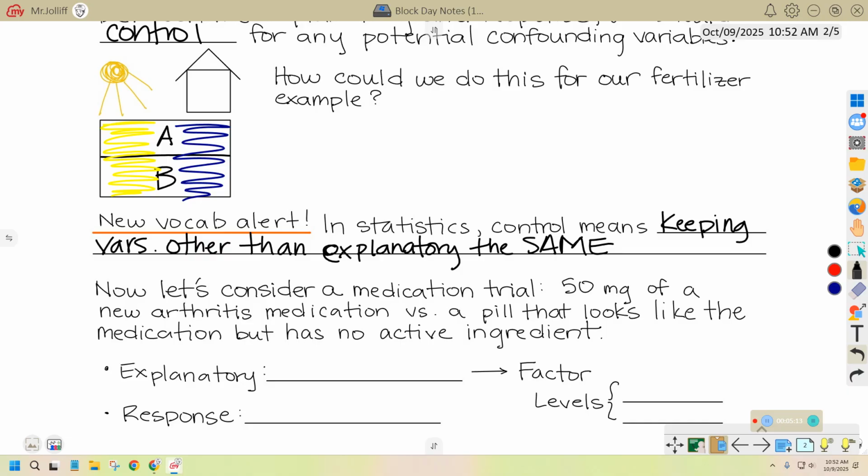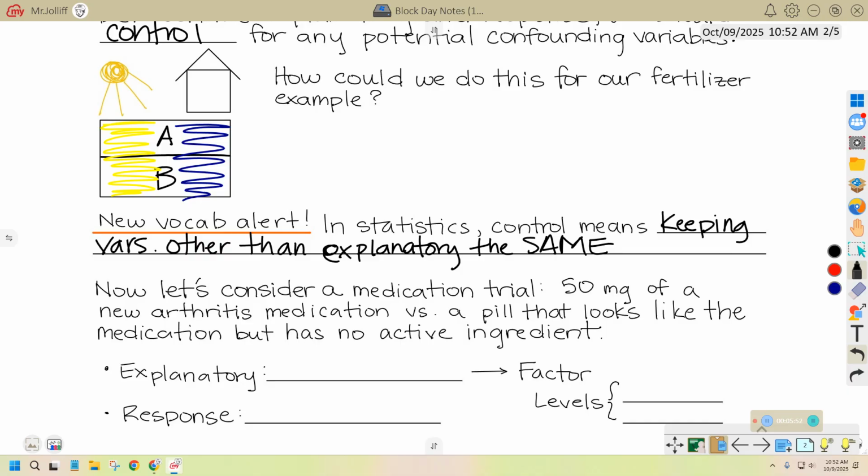VARs, variables. Sort of like the VARs button on your calculator stands for variables. Sorry, my writing is big and I'm tired. So control means all of my treatment groups, in the field example, old fertilizer and new fertilizer, are experiencing the same conditions, except for the variable of interest, the fertilizer. So in both cases, they got half sun, half shade.